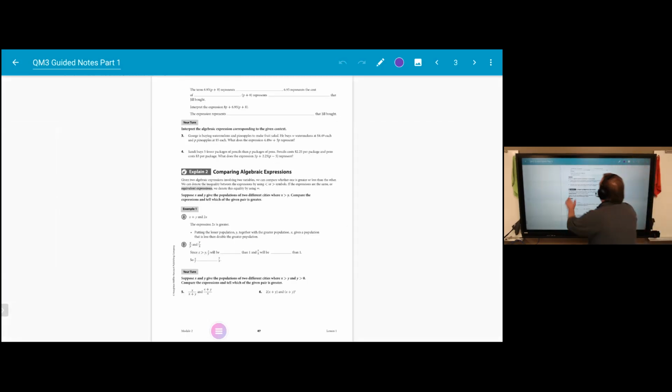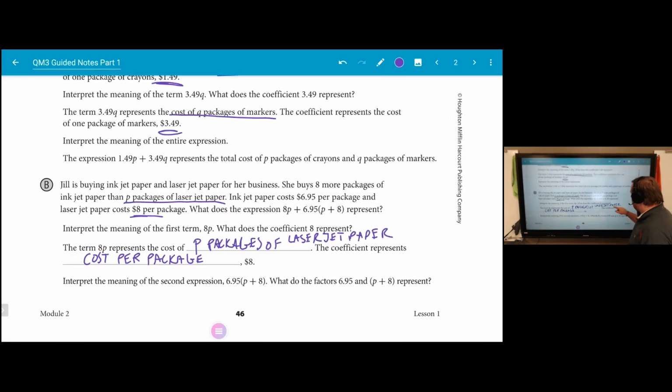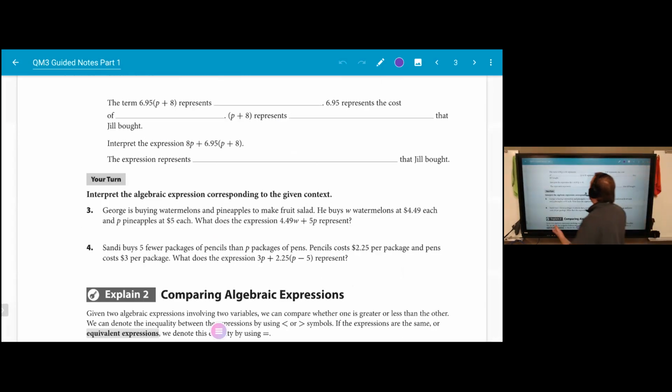Okay, here we go. The term 6.95 times p plus 8, well, that p plus 8 was not our laserjet paper. That was our inkjet paper. Let me double check here. Because inkjet paper, she buys 8 more packages of inkjet paper than p packages of laserjet paper. So p plus 8 indicates how many inkjet paper packages she bought. So the entire term represents the cost of inkjet paper.